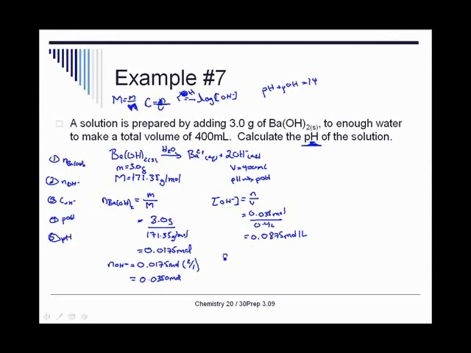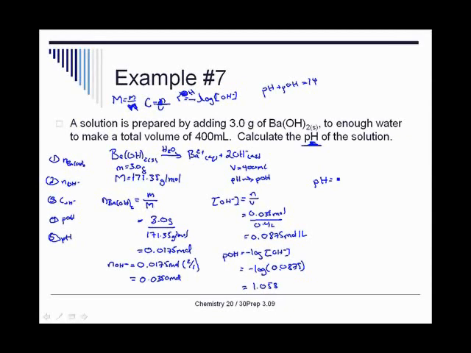And from that we can find our pOH. So pOH is the negative log concentration of hydroxide, and so the negative log of 0.0875 and we get 1.058, and now we can find our pH.